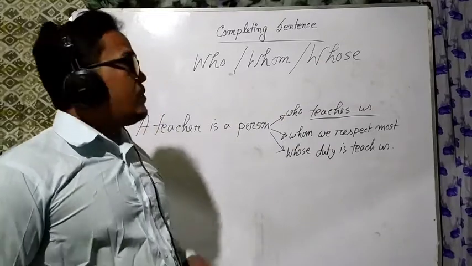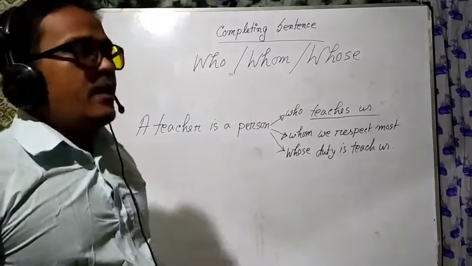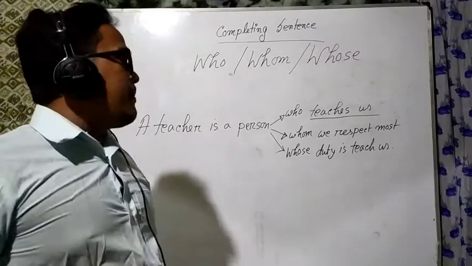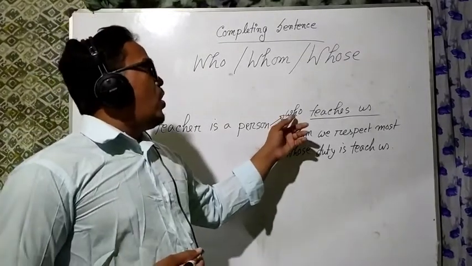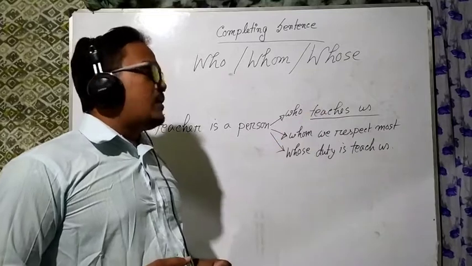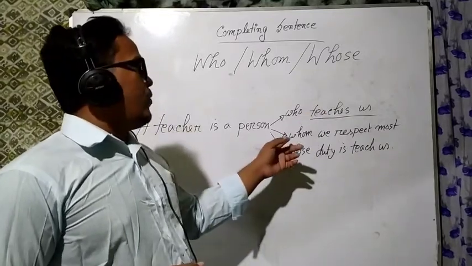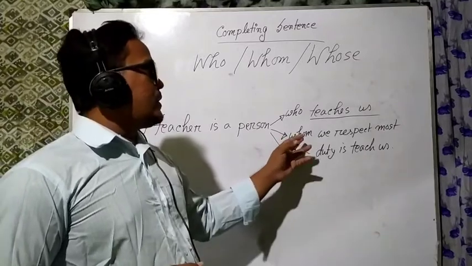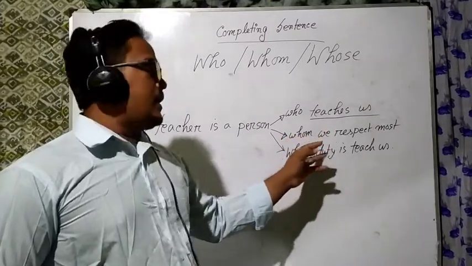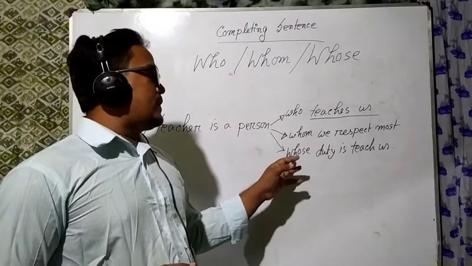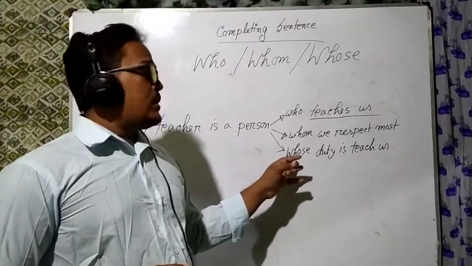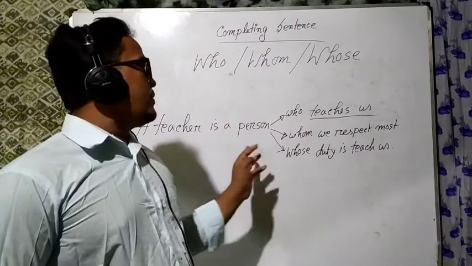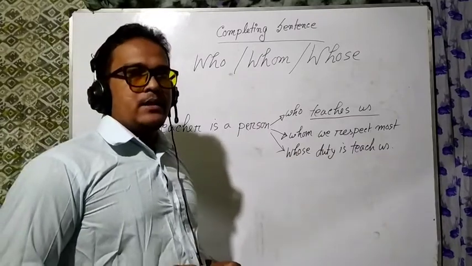So while we use such type of relative pronoun, we have to keep in mind that after who we have to use verb, and when we use whom we have to use verb after the subject, and when we use possessive form such as whose, then we have to use a noun which has a close affinity with the antecedent.